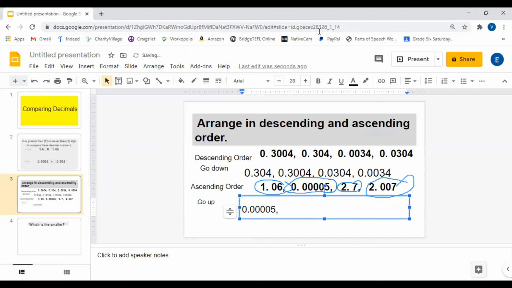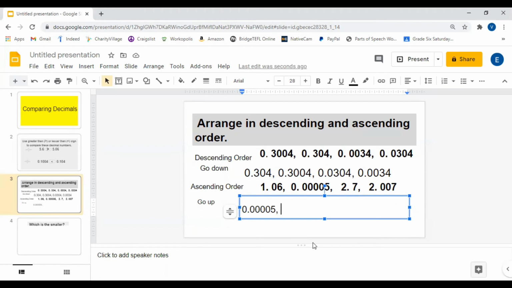I'm going to look at the other digit now to find out which is the second smallest one, right? First smallest, second smallest, right? So I'm going up from small to big.